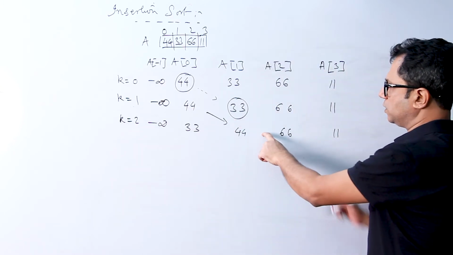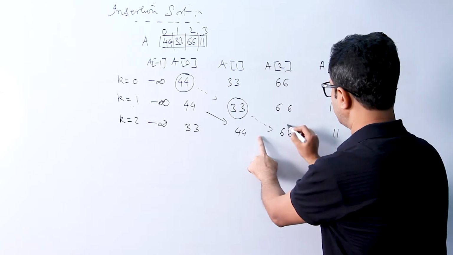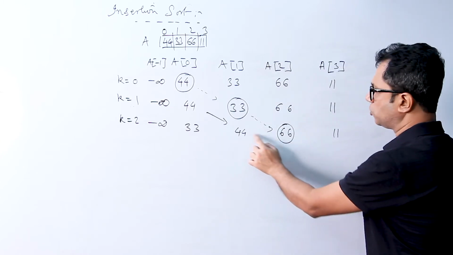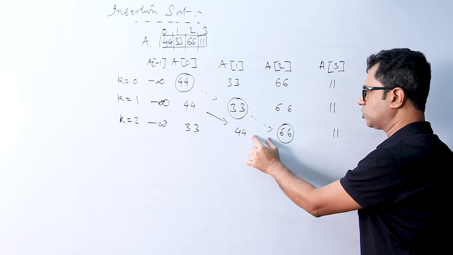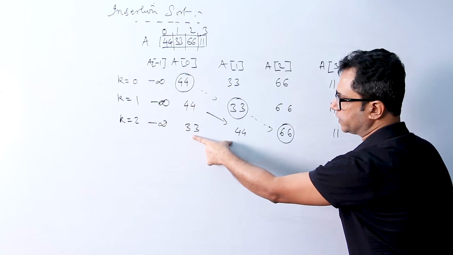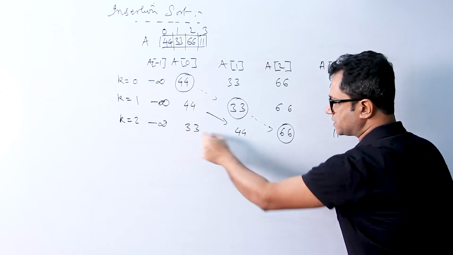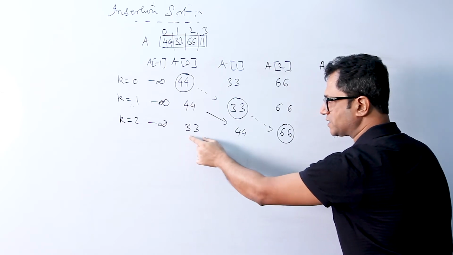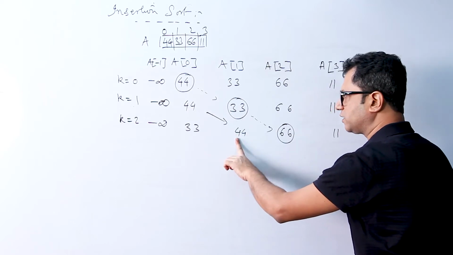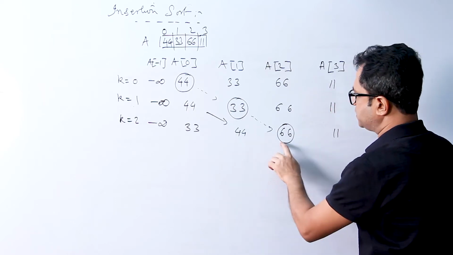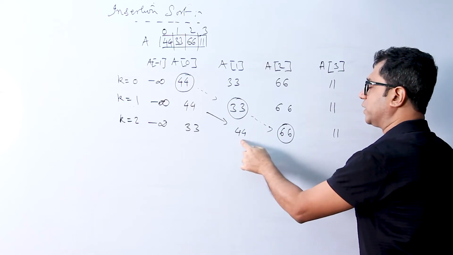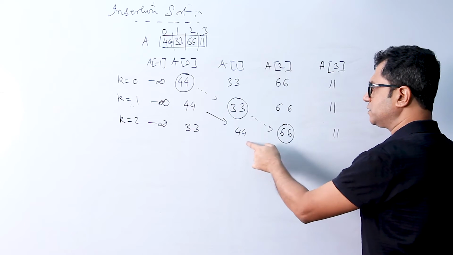Now, we will again go in a diagonal fashion and encircle this 66, and we see this 66 is not less than 44, so it will not go to this side because this side is sorted. This 33 is less than 44, it is sorted in ascending order, and this 66 is in turn greater than 44.